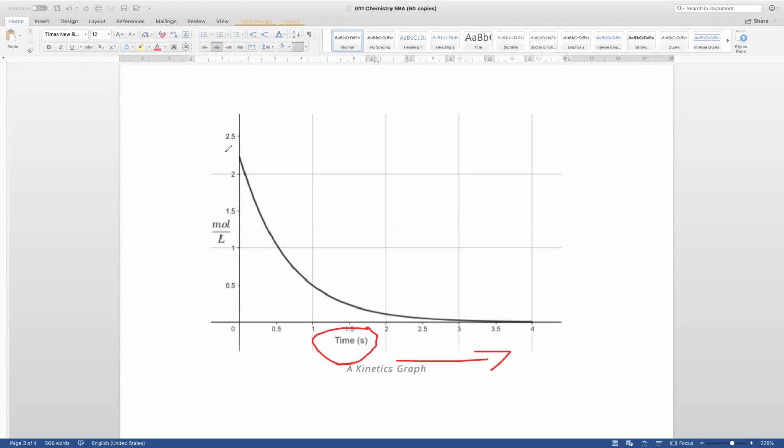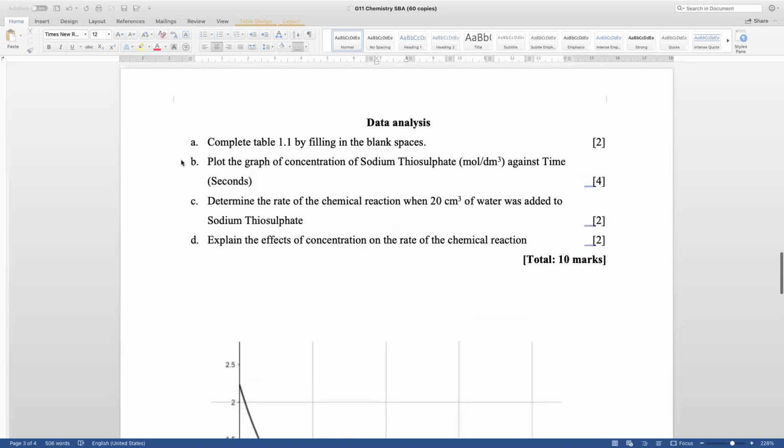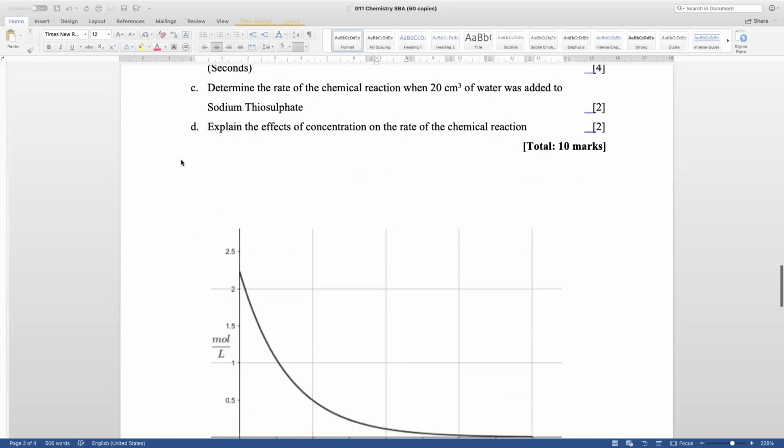Then on this side, we expect to have concentration of sodium thiosulfate, and we'd expect a graph with a negative gradient. So the plotting, I know you have been taught how to come up with a scale, basing on the figures that you have. So you plot using the time and the graph.